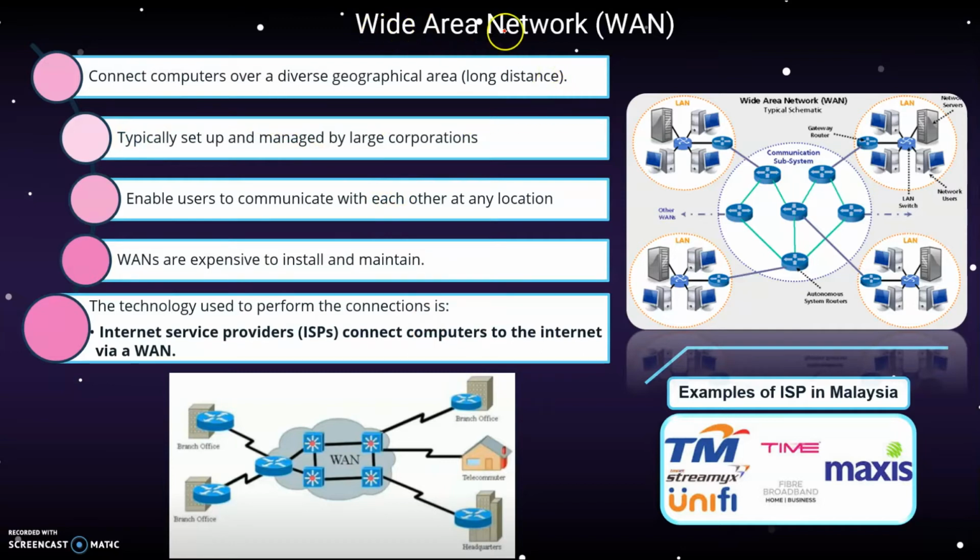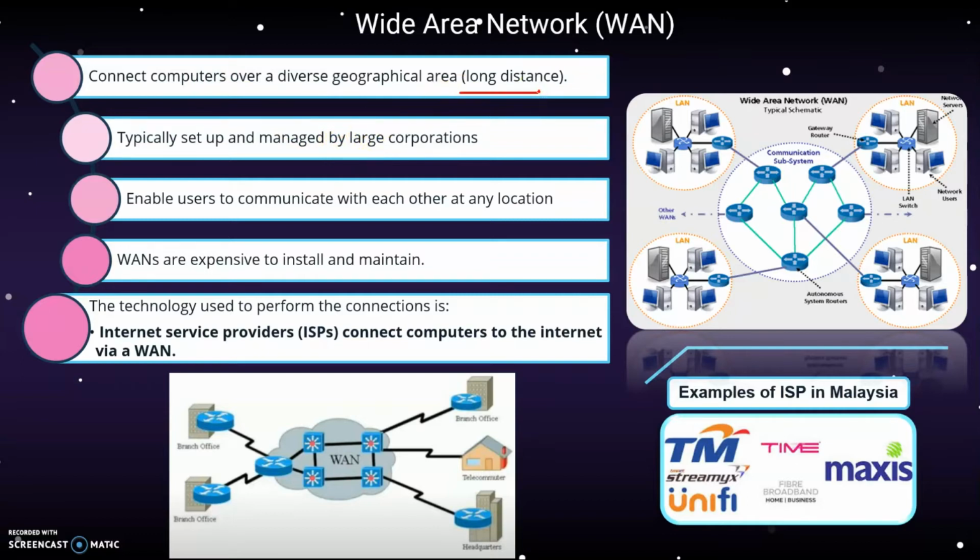So here is the wide area network, WAN. LAN plus LAN plus LAN equals a wide area network, WAN. It connects computers over a diverse geographical area, over a long distance.